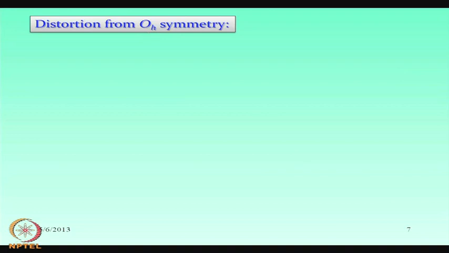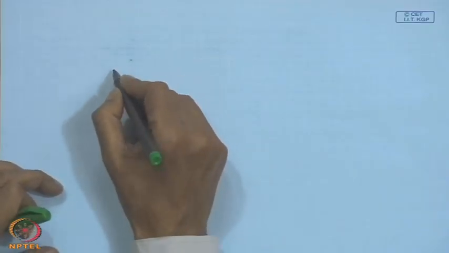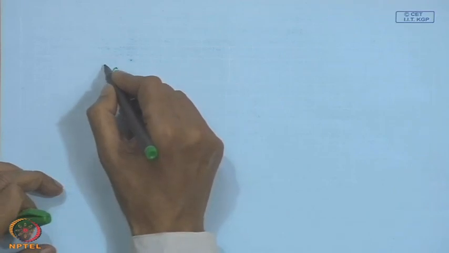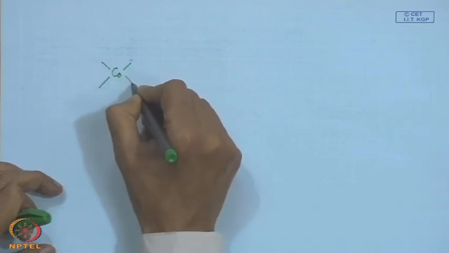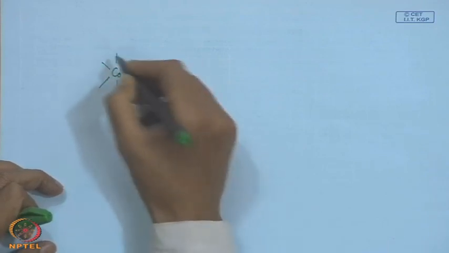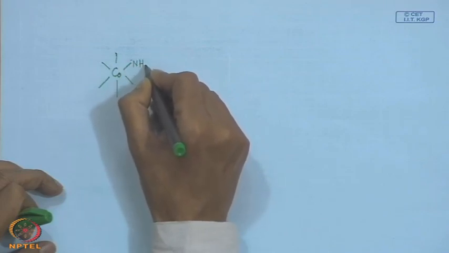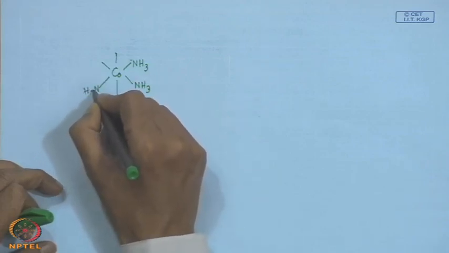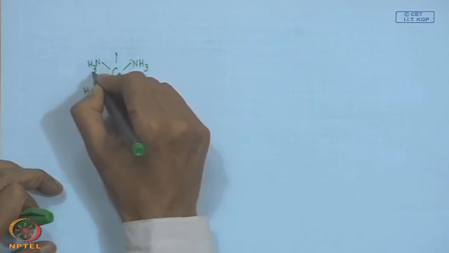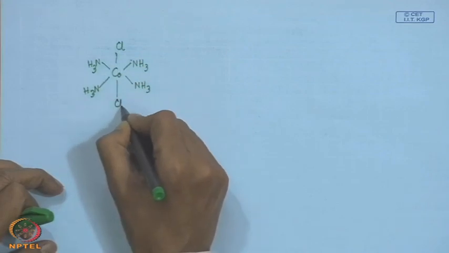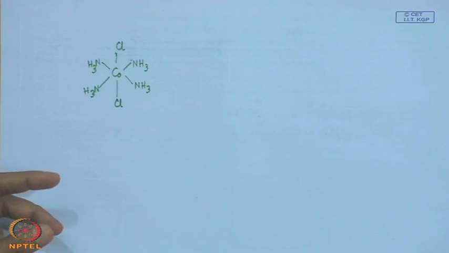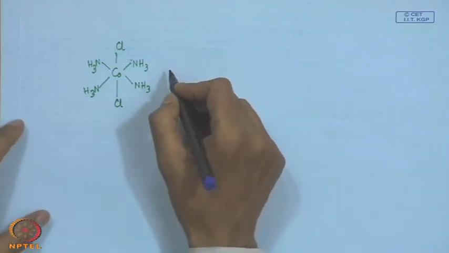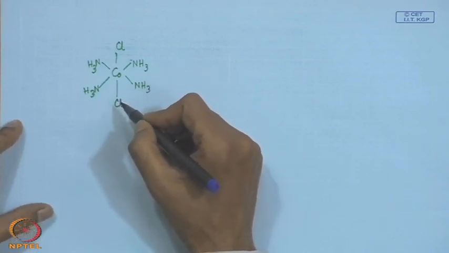Whenever we have different types of donor atoms, like in our cobalt compound, cobalt with 4 ammonia groups and 2 chlorine groups, they are not homoleptic, they are a heteroleptic complex because 2 types of ligand groups are present.